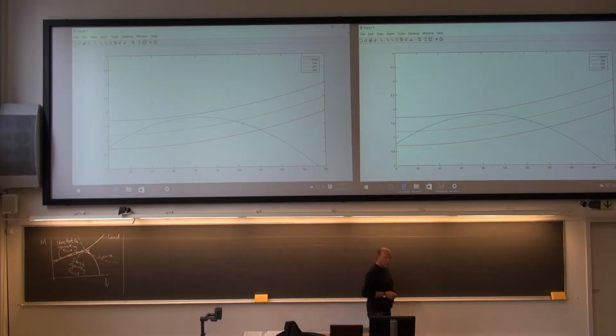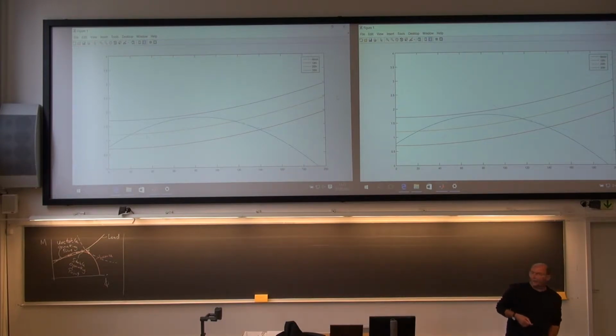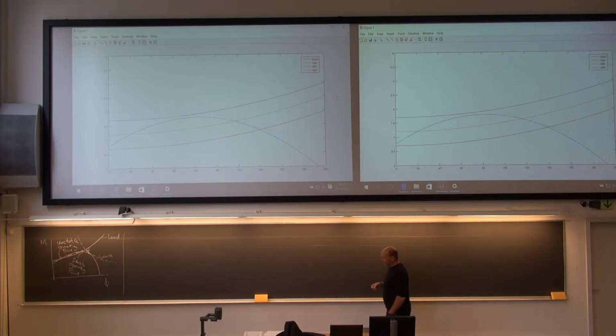Well, in the program here, since I've used polynomials, you have a direct expression for this curve. So here the source is now given as M as a function of v dot equals, and then you have an analytical expression using this polyfit idea.